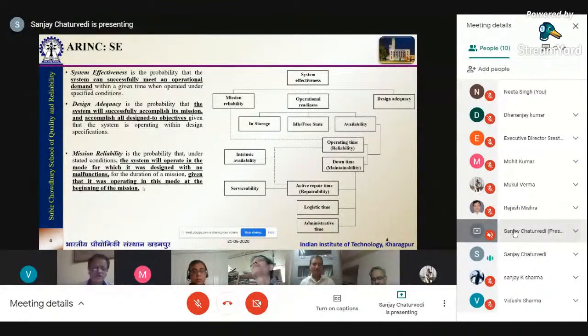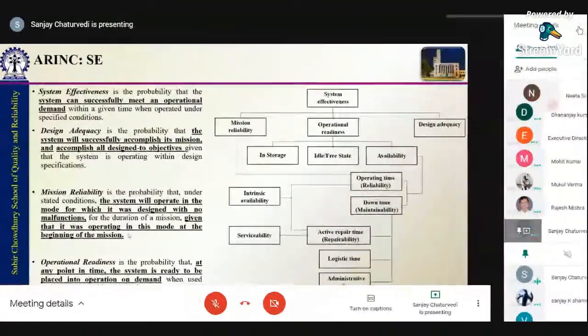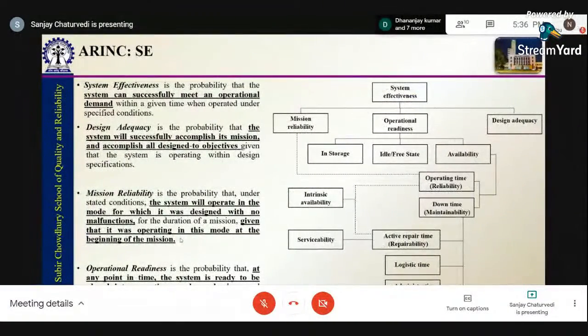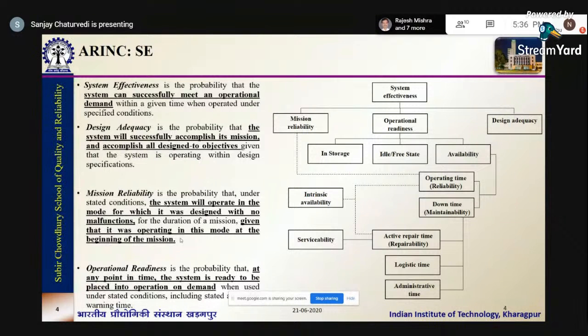The third part, operational readiness, has various components. In a storage, idle, or free state of the system, storage implies the system is presumed to be in an operational readiness state. Whereas in the idle or free state, the system is operational but not used for the purpose.